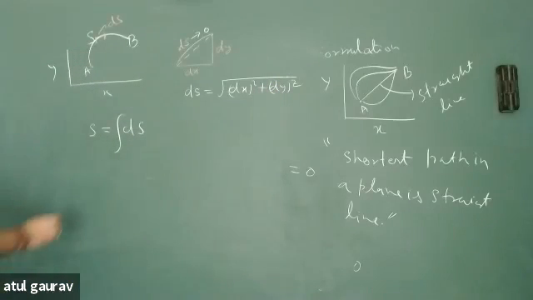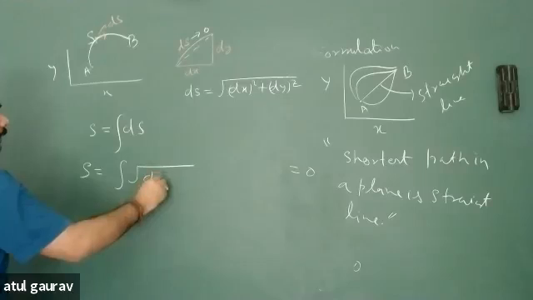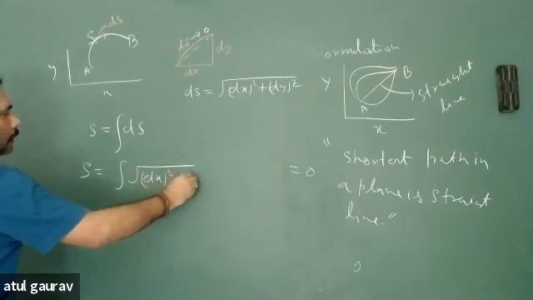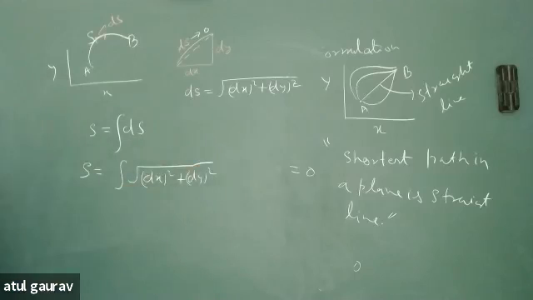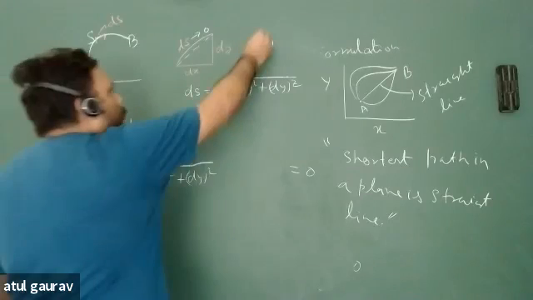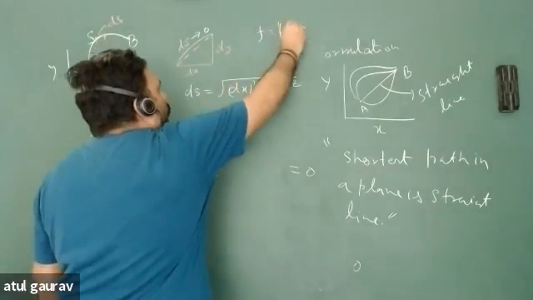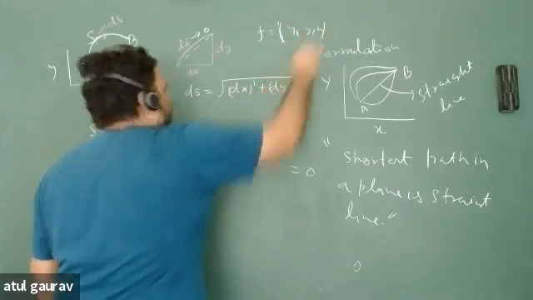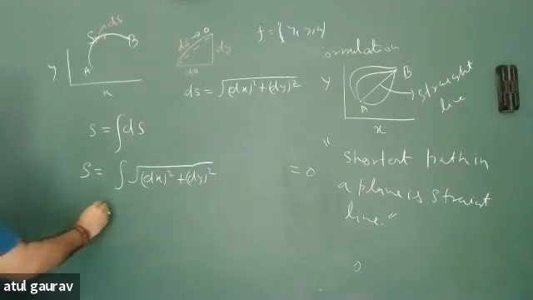So S will be the integral of root under dx square plus dy square. I want to write this in the form of y dot and x, so I can take something common.